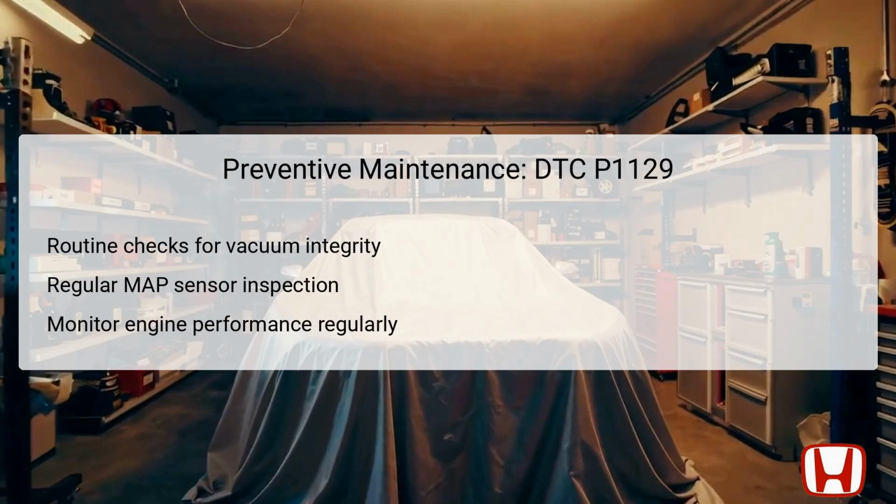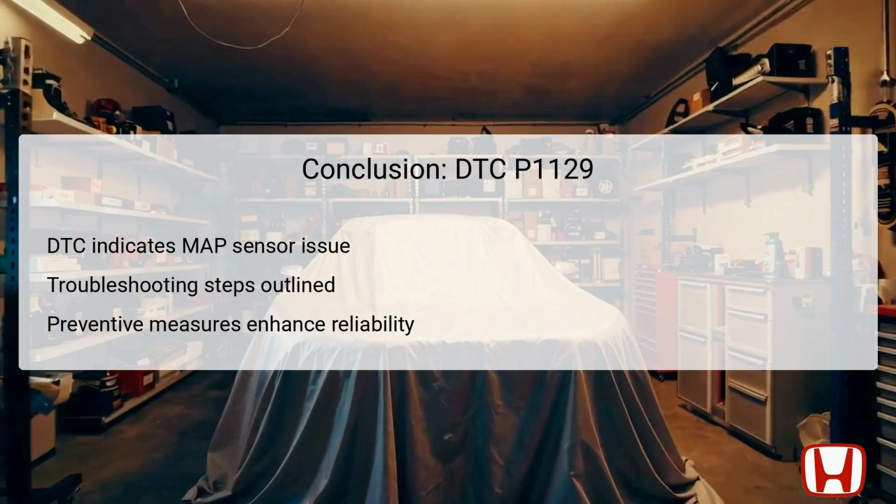It is also beneficial to monitor engine performance regularly. Any decline can be a precursor to underlying issues such as a malfunctioning MAP sensor. Establishing a consistent inspection routine fosters vehicle reliability and extends the lifespan of components, leading to better overall efficiency and performance.